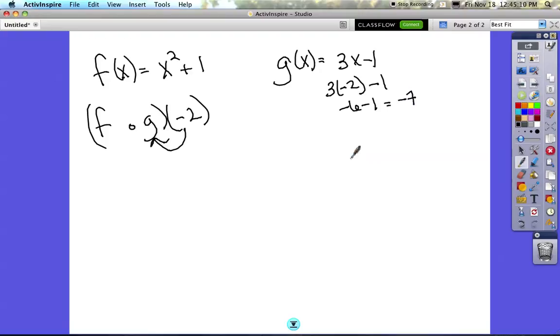Now, that is my new value going into the f. So what am I going to do to that negative 7? Yep, square it. So negative 7 times negative 7 is positive 49. Plus 1, which is 50. That's your answer.